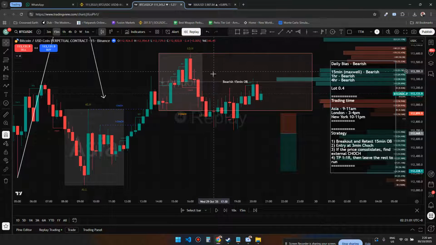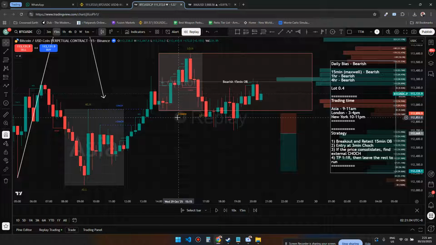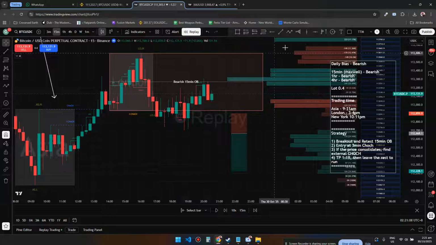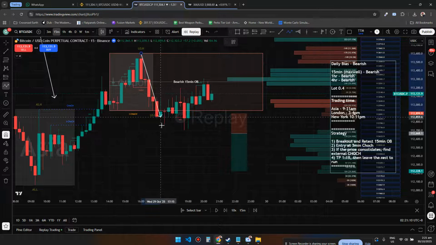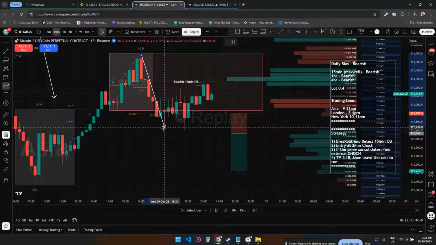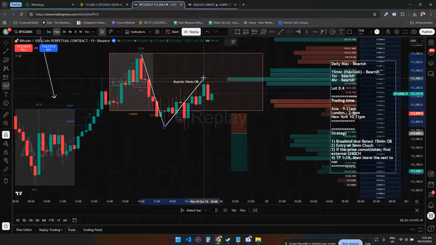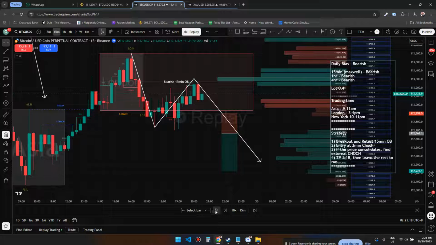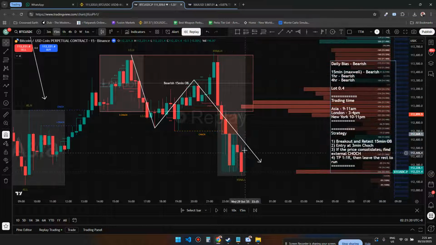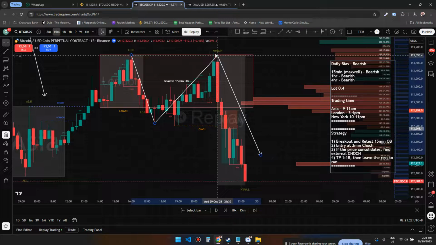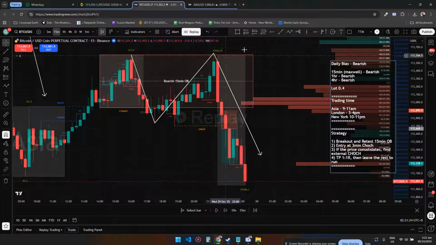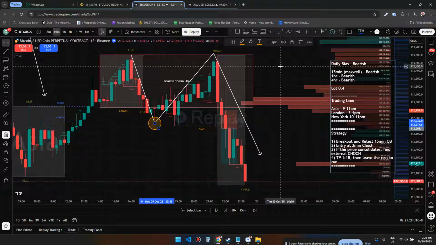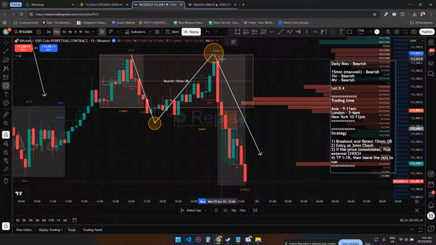I drew this bearish OB for the London session so that you can see that price broke below the OB, retested the OB, and I'm expecting the price to move further down. This is the breakout of the OB. This is the retest of the OB.